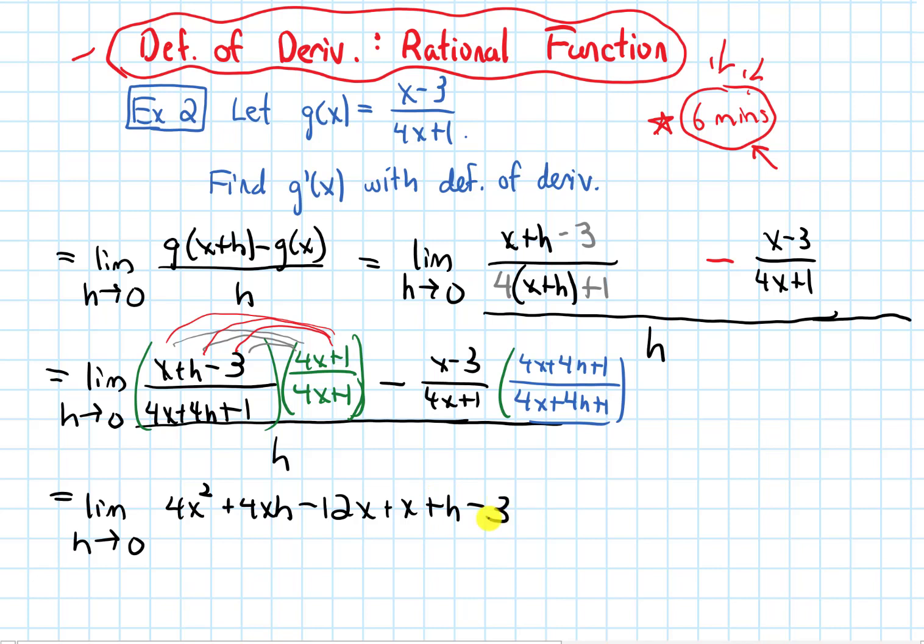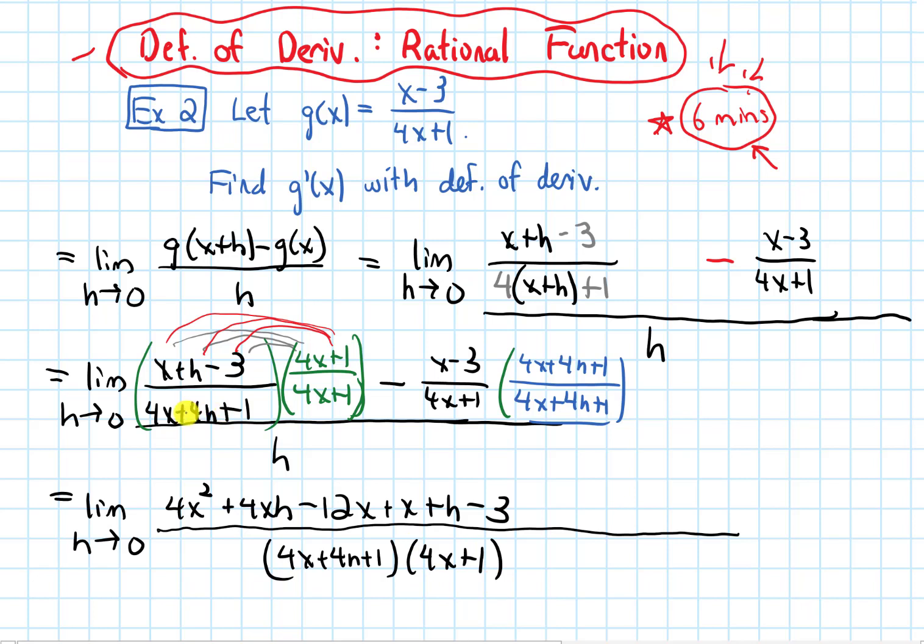And then I'm going to write this all over 4x plus 4h plus 1, times 4x plus 1. I'm not going to distribute out those denominators because I like having that denominator in factored form. I've gotten a common denominator, and I'll just leave it factored. It'll turn out later that a cancellation will happen in the numerator, so I do want to expand the numerator to see that happen. Then let's combine these into one fraction.